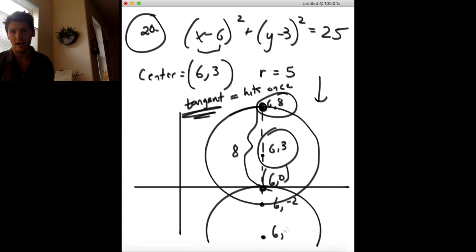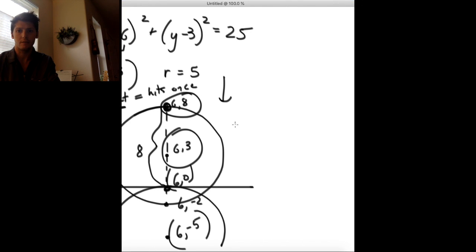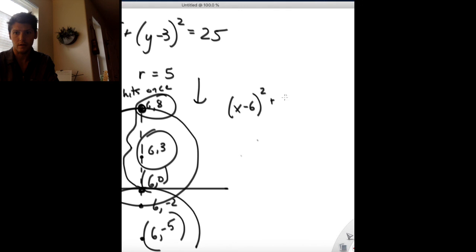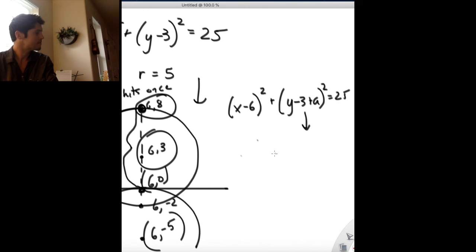And now use that information to create a new equation. In the problem, they give you x minus 6 squared plus y minus 3 plus a squared equals 25.